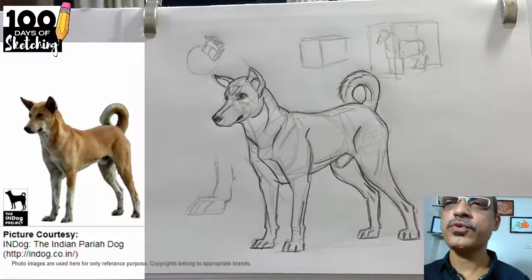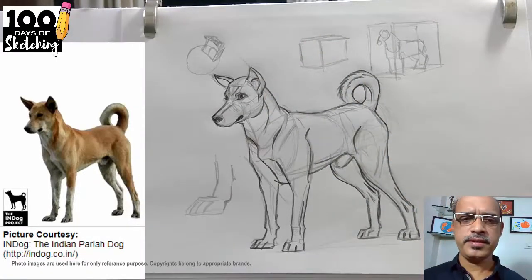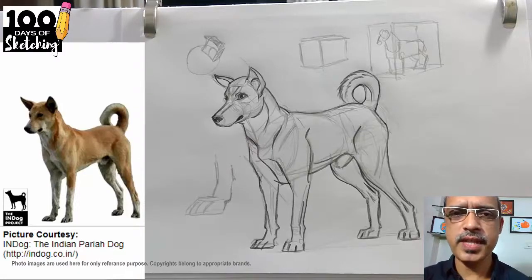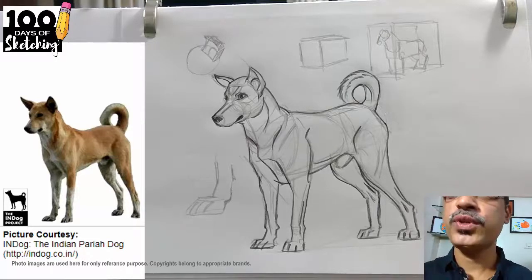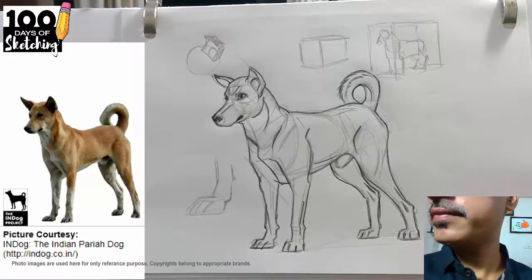Yeah, so that is the sketch we completed, and I'll add the shadows in some portions to get more dimension.